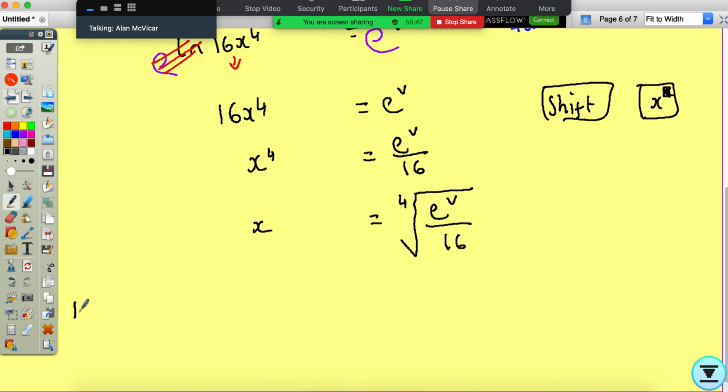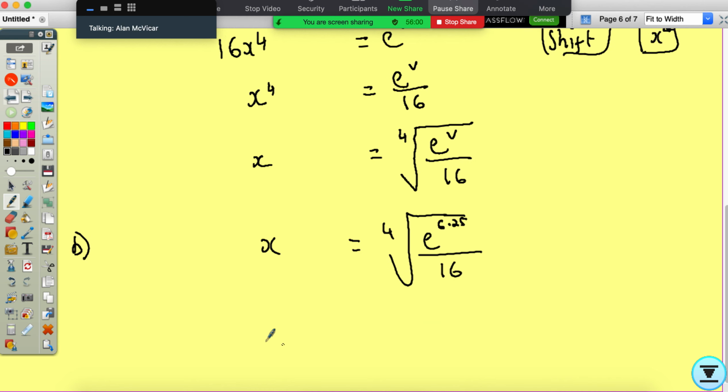I'll just practice this going into your calculator. So it's the 4th root of e to the power of 6.25 over 16. Let's see if we can get that into our calculator. So I'm going to press shift and then that root button, then I'll put my 4 in, then I'll go along.